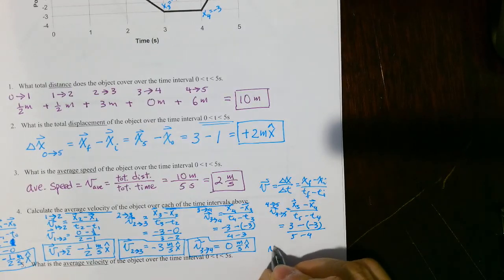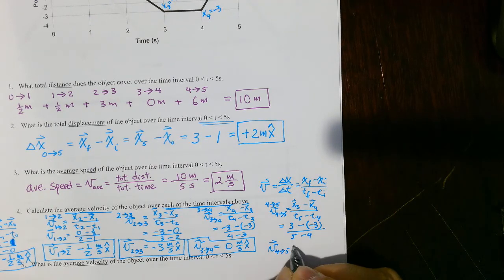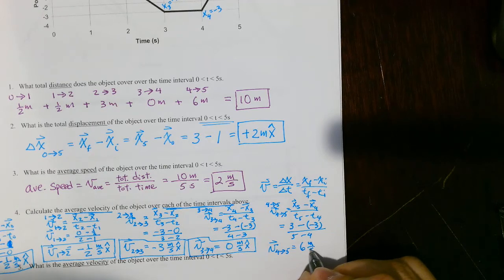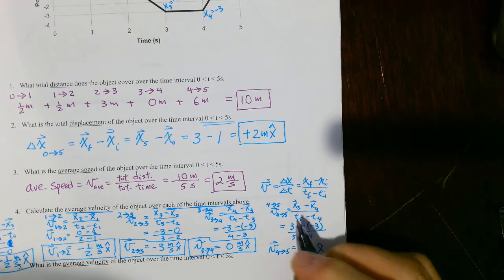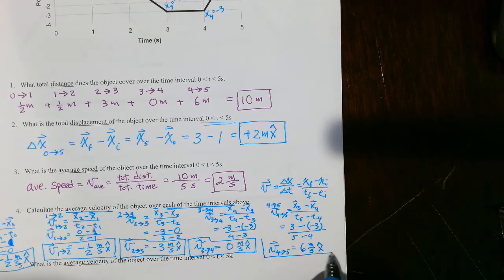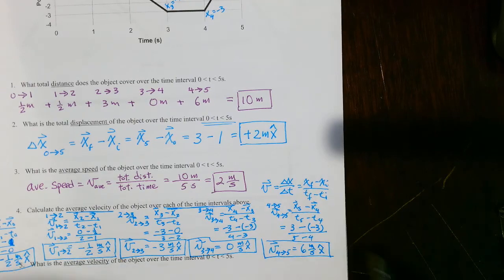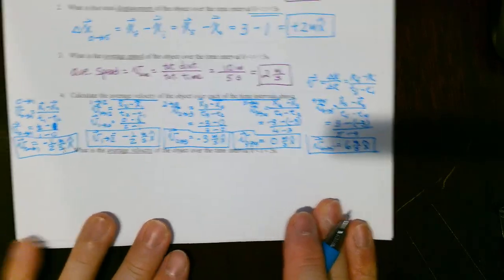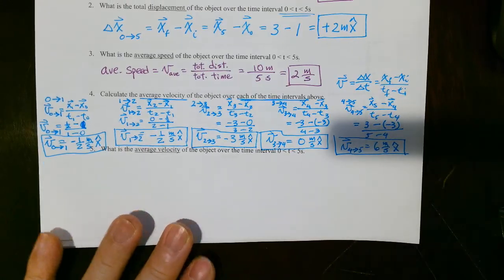So my V of 4 to 5 is equal to 6 over 1. So 6 meters per second x hat for my 4 to 5 seconds. All right.